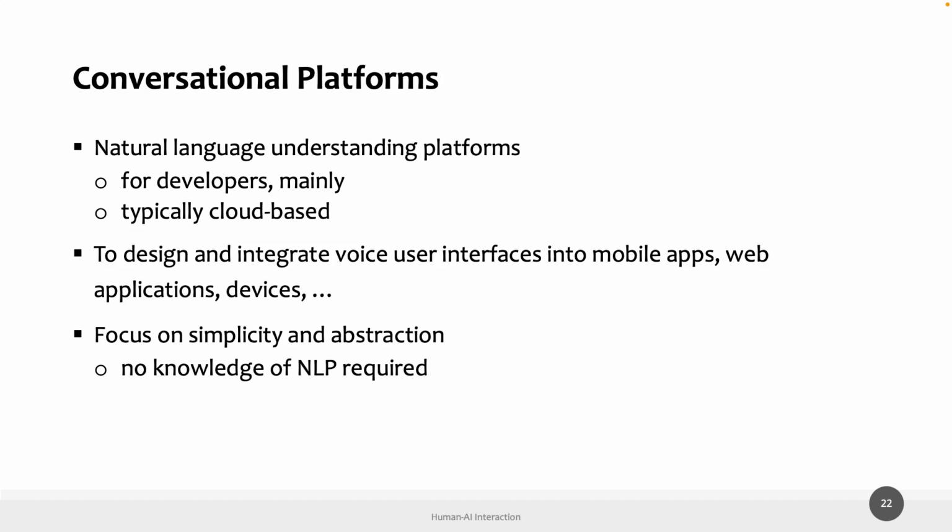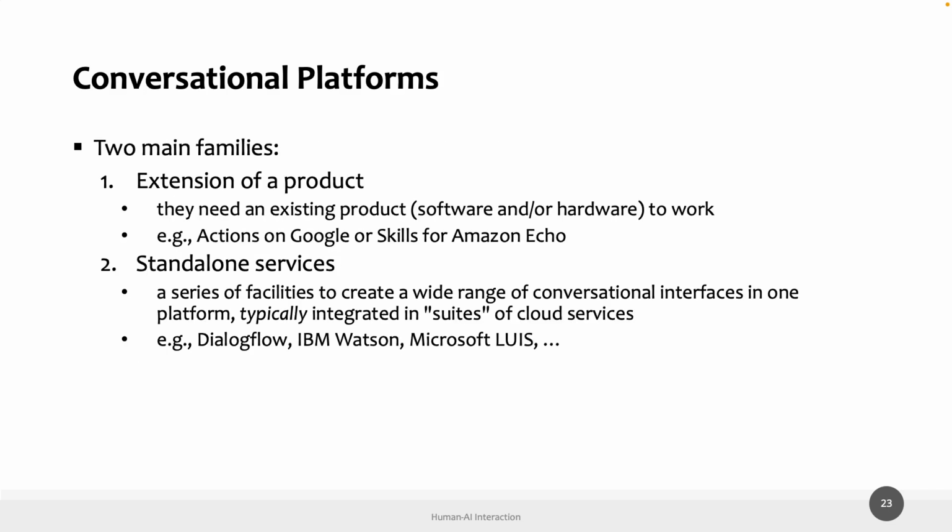Do you have any familiarity with this kind of platforms? Okay. So I would say that there are basically two main categories of conversational platforms. You can have some extension of a product.